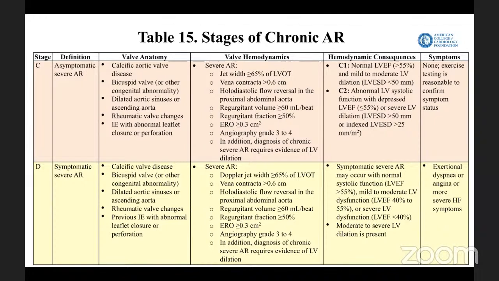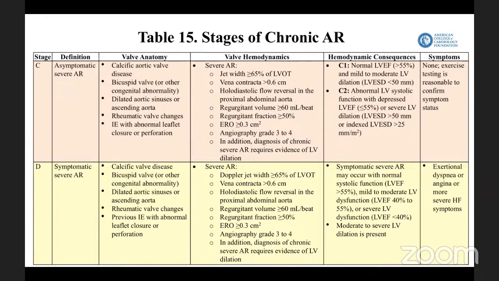And for C2, when we have abnormal LV systolic function with the depressed ejection fraction less than or equal to 55%, or severe LV dilatation when we have the left ventricular end systolic dimension of more than 50 millimeter, or the index dimension of more than 25 millimeter per meter square. And they tend to have no symptoms.